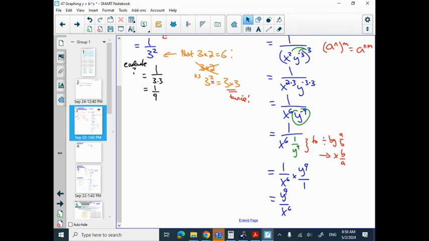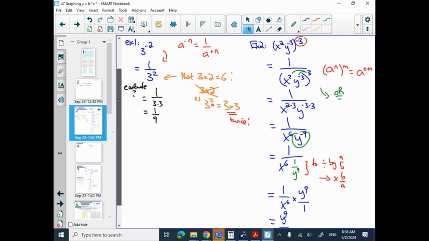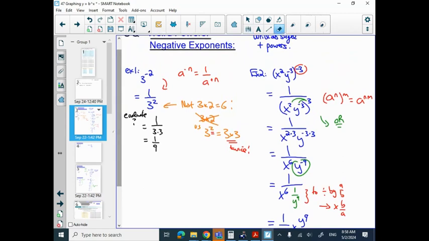Another way, a little bit easier, is if we had multiplied this thing on first, we would have ended up with x to the 2 times the negative 3 and y to the negative 3 times the negative 3. And so it would have given us x to the negative 6, y to the positive 9 in the first place. So we wouldn't have had that negative in the bottom.